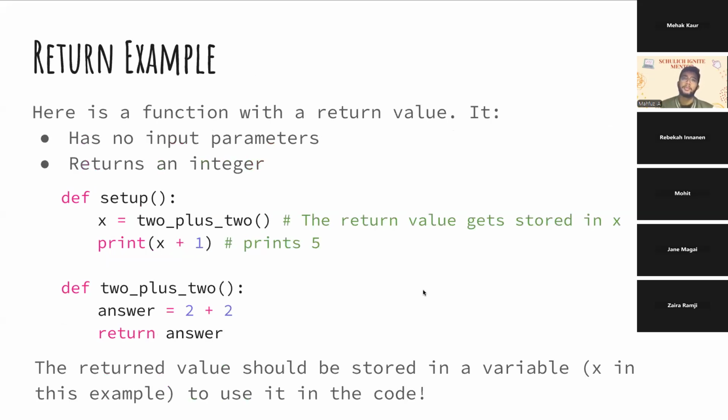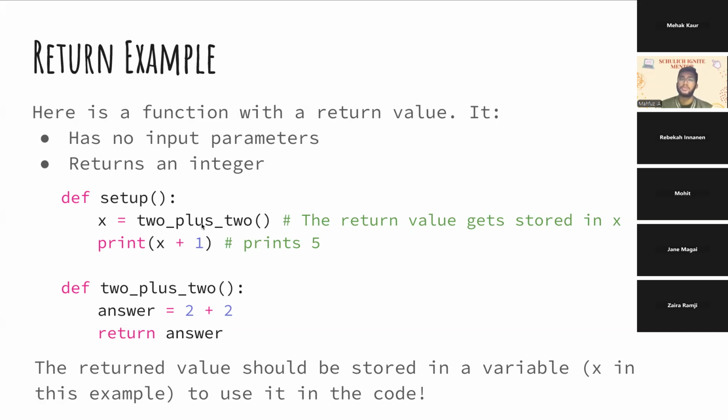So here's an example. Here's a function with a return value. It has no input parameters and it returns an integer. So in this function, we're adding 2 plus 2 together, putting it into answer, and then returning the answer, which is 4.